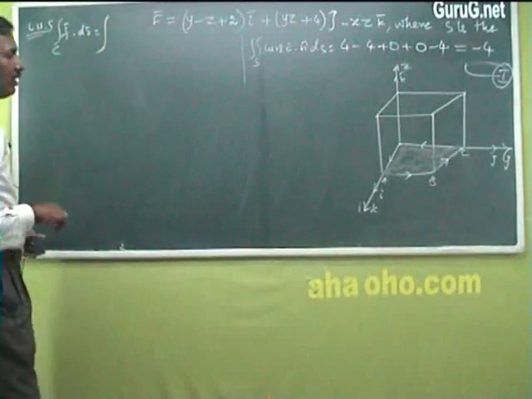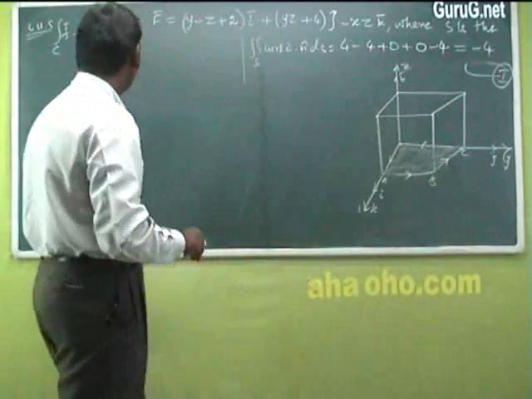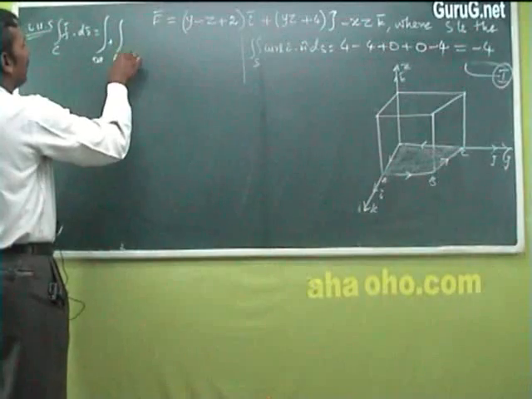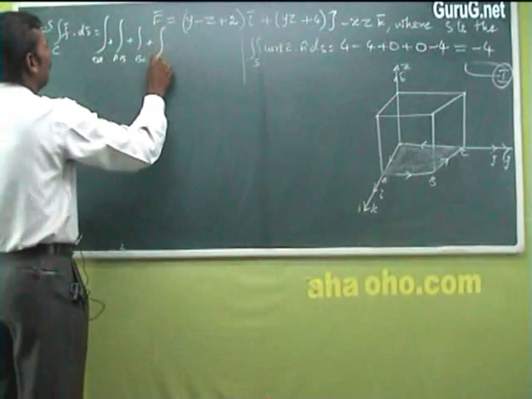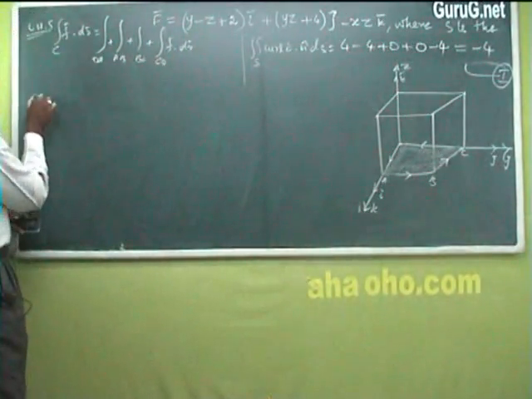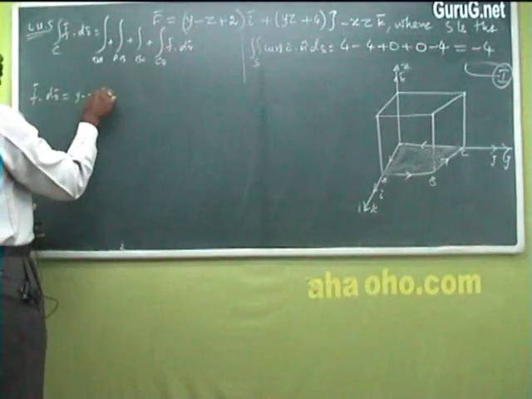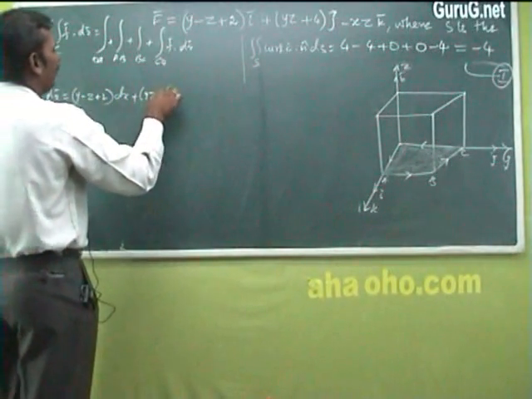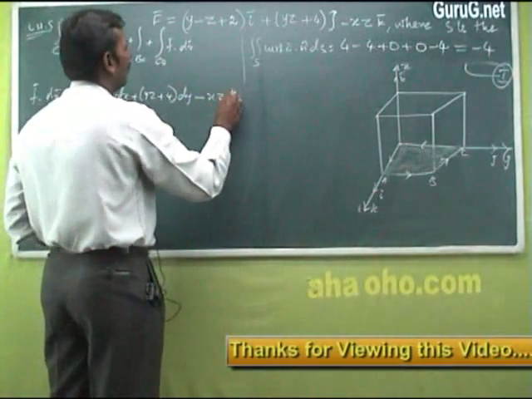So C is nothing but OA, AB, BC and CO. So OA plus AB plus BC and then CO of F dot dr. So F dot dr equal to (y minus z plus 2) into dx plus (yz plus 4) into dy minus xz into dz.